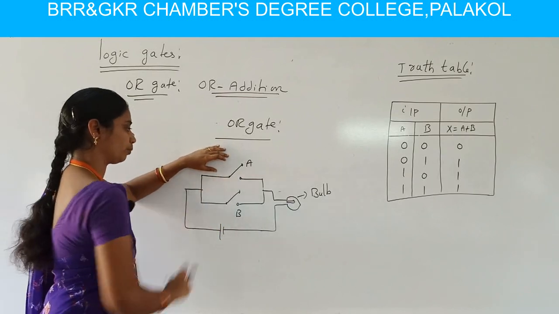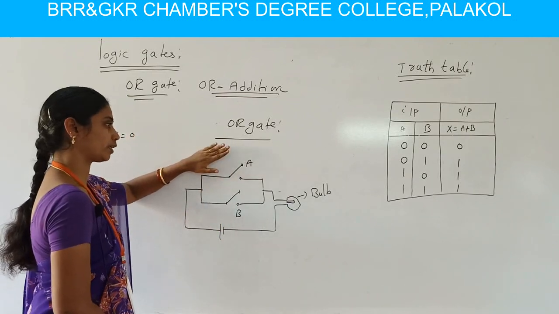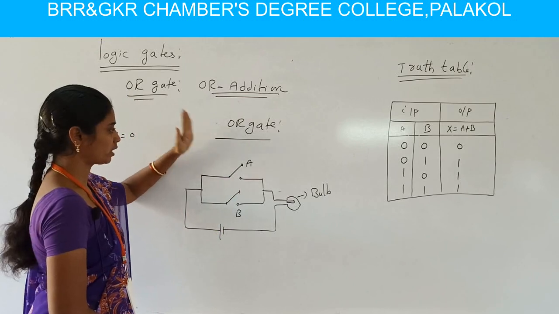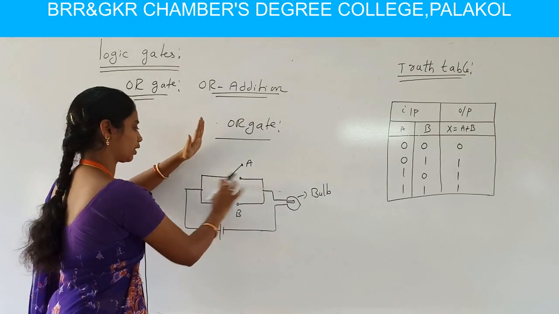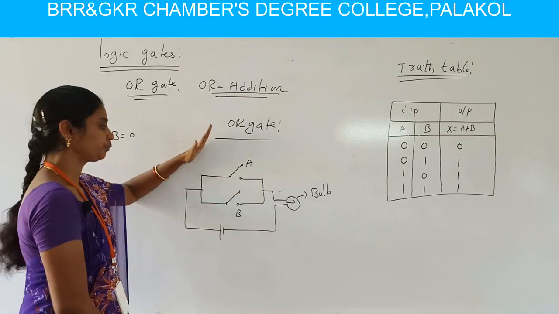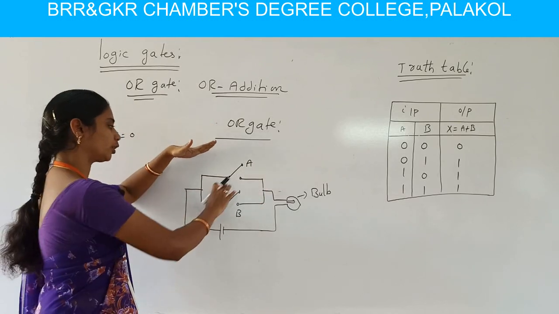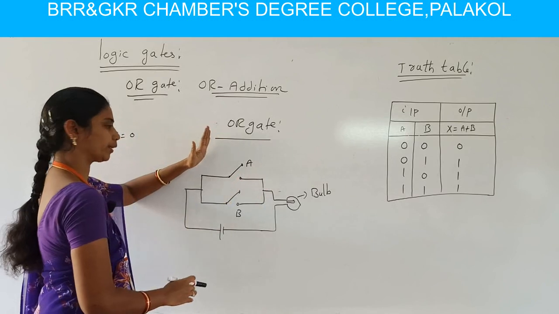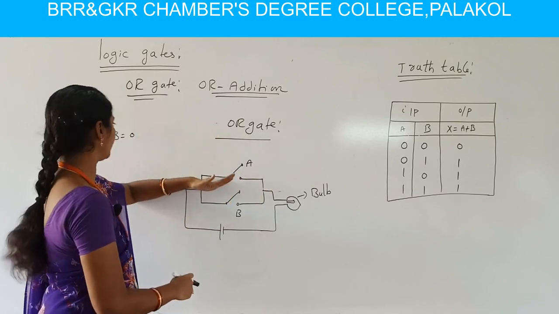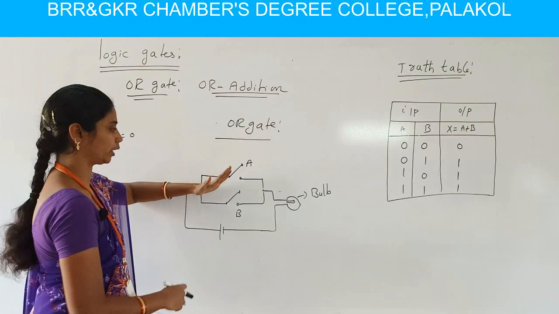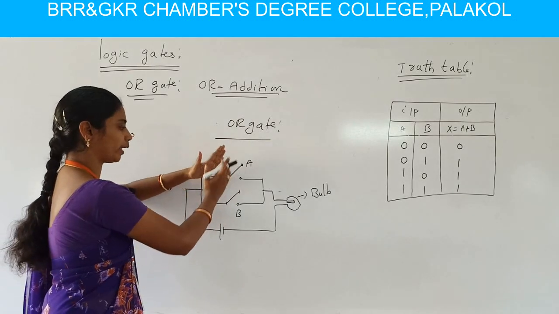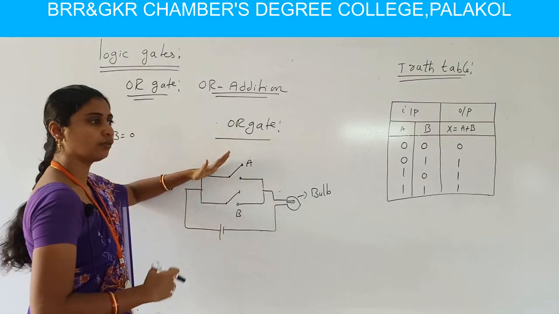Here A 0 means the switch is open. Whenever the switch is open, there is no conduction of current. So we considered A as 0 volts, then automatically the switch is in open state. And B is also in open state. Whenever the switches are open, no current flows in the circuit.